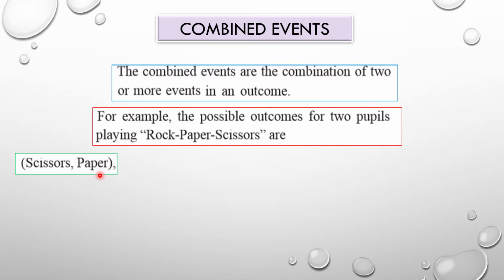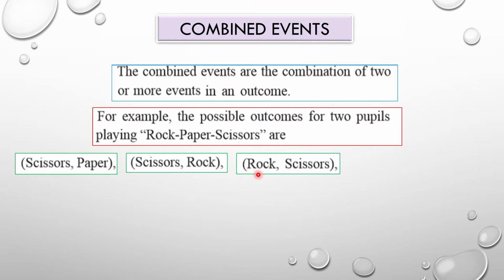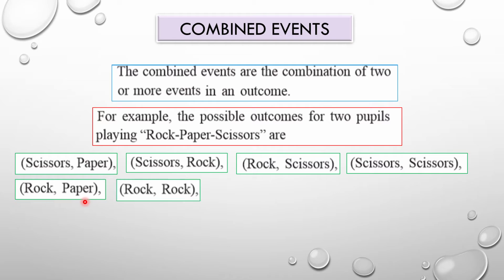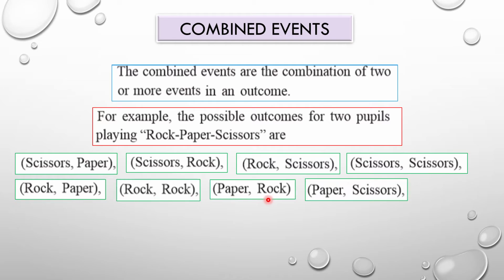So the first outcome is scissors, paper, or it can be scissors and rock, rock and scissors, scissors and scissors, rock, paper, rock and rock, paper and rock, paper and scissors. The last one is paper and paper. So altogether you have 9 outcomes.